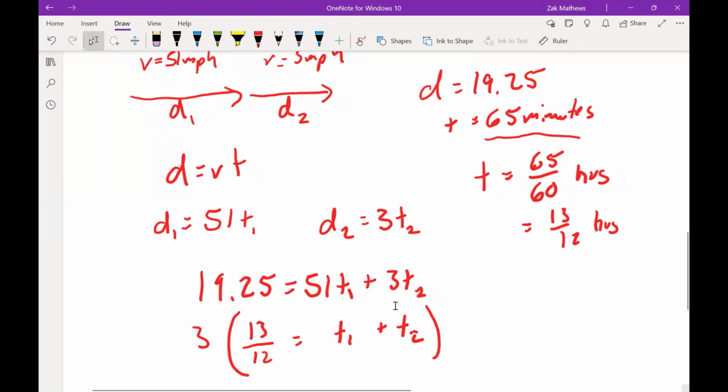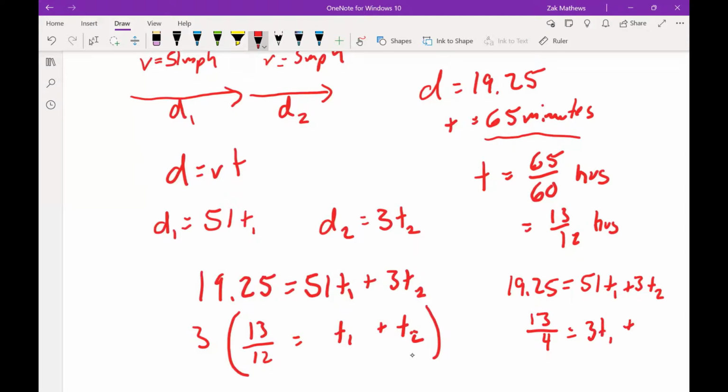So I'm going to multiply by 3, so I get those T2s to cancel. So top equation is staying the same. Bottom equation, we're going to have 13 over 4 when we cancel out.